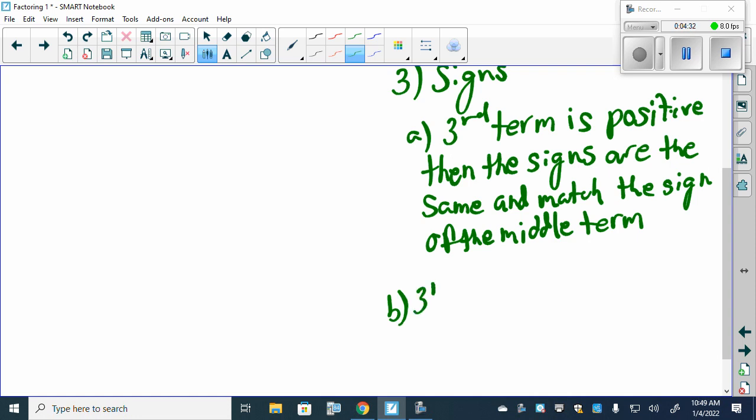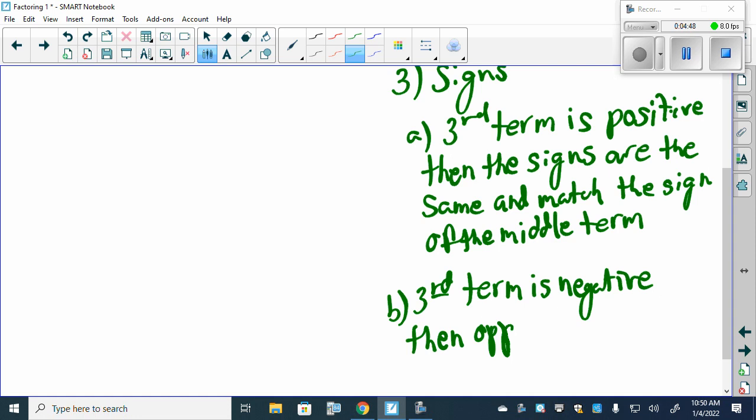And if the third term is negative, then the signs are opposite. So if the sign of the third term is positive, the signs are the same and they match the sign of the middle term. If the sign of the third term is negative, then the signs are opposite.